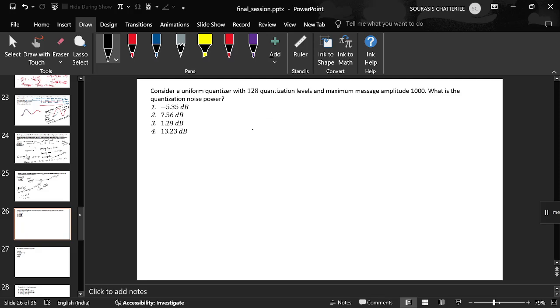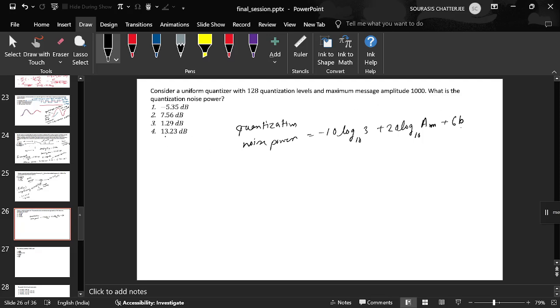So this one I'm just directly writing the formula here. Quantization noise power, if you remember the formula, it's minus 10 log base 10 3 plus 20 log base 10 of the maximum message amplitude plus 6B, where B is the number of bits required to represent the quantization levels.